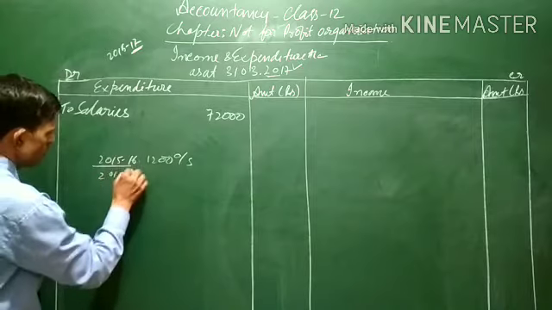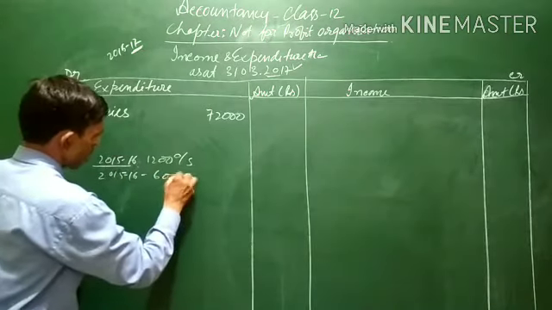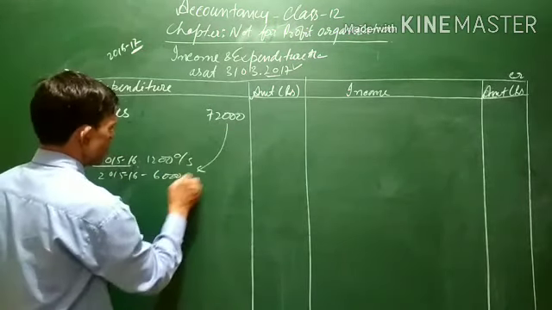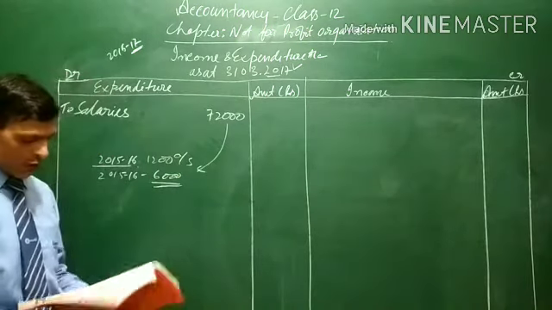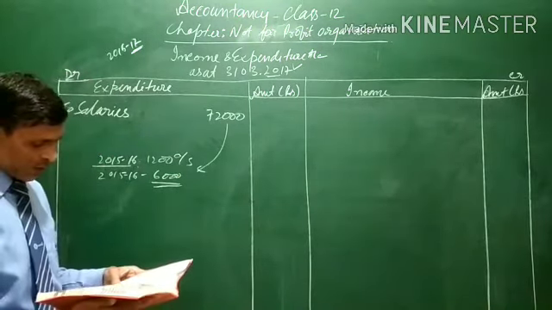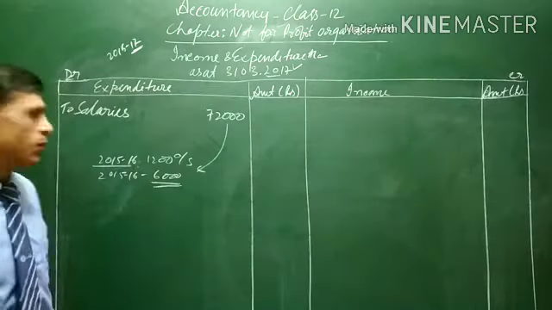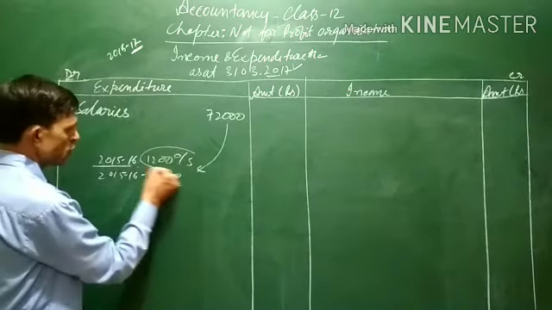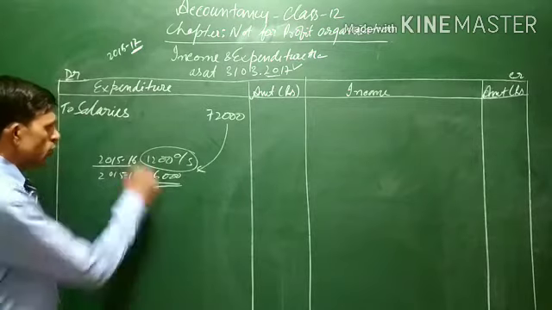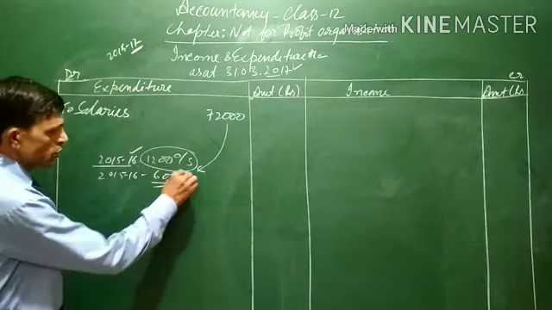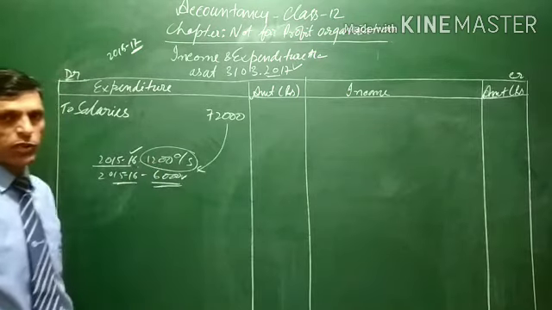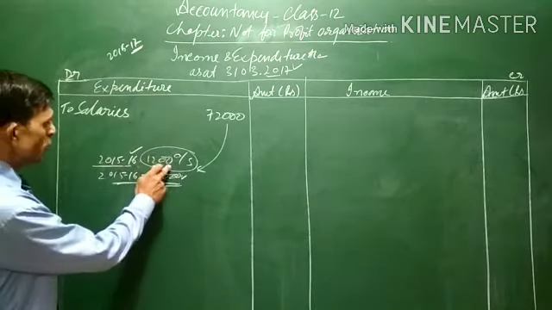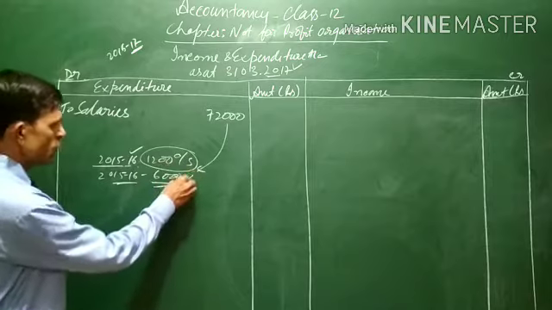Sorry, 2015-16. This 6,000 out of the total salaries paid is related with 2015-16. But this is not possible, because if the only outstanding salary for the previous year was 1,200, then why is this 6,000 paid for the previous year? Then 6,000 would not be paid.